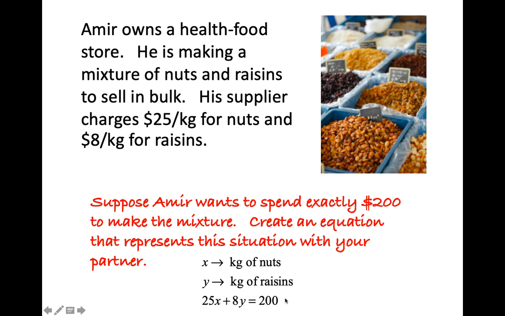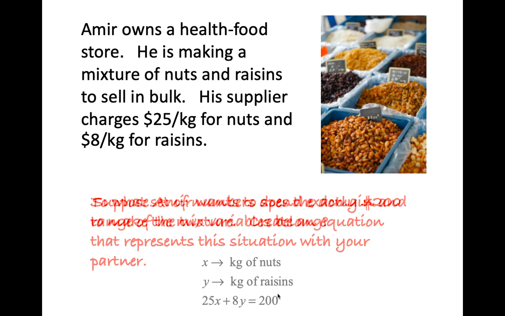So when you put it all together, every time you buy a kilogram of nuts, you're going to be paying $25. And every time you buy a kilogram of raisins, you're going to be paying $8. And you want to know what will make it equal to $200. So there you have it. This is the mathematics translation. You've got a story and you're translating it into math.